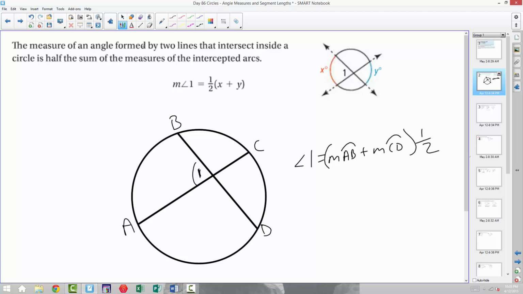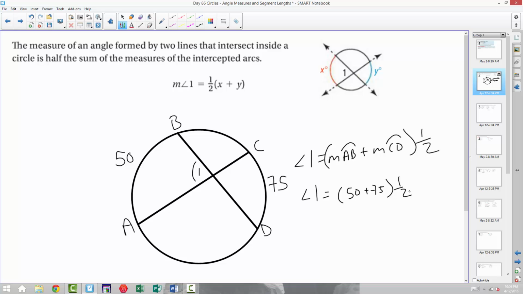So let's do an example. If I say that arc AB is measuring 50 degrees, arc CD is measuring 75 degrees, so I can find angle 1. Angle 1 is equal to the measure of arc AB, which is 50, plus the measure of arc CD, which is 75, and multiplying by a half.